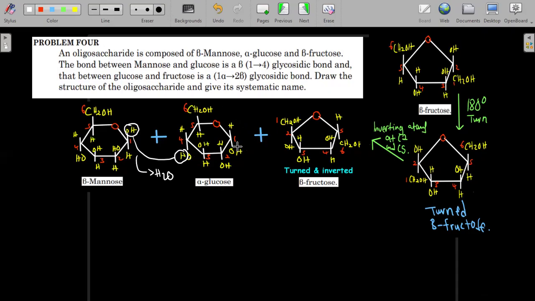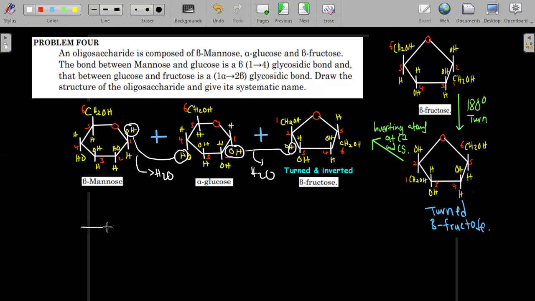And then here you have this OH reacting with a hydrogen of this turned and inverted beta fructose. So a water molecule is going to be released there. Now we just have to join whatever will remain there to form this oligosaccharide. So let's now draw the oligosaccharide that will remain there.